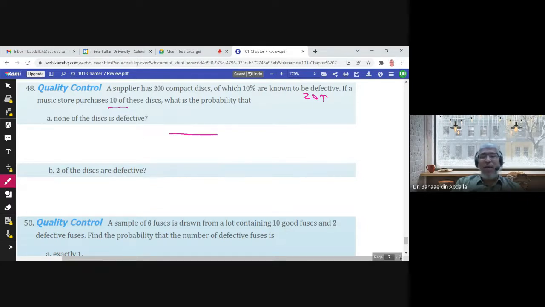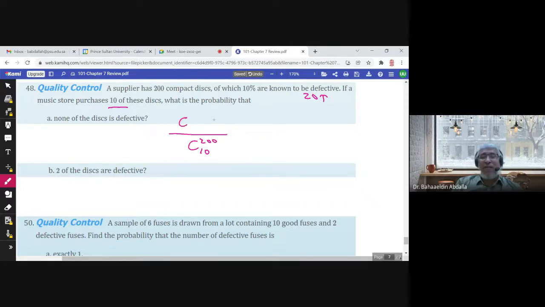Well, I have 200. I will write it like this. And I want to select how many? 10 of them.